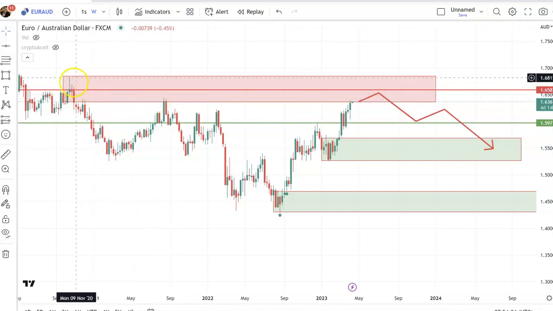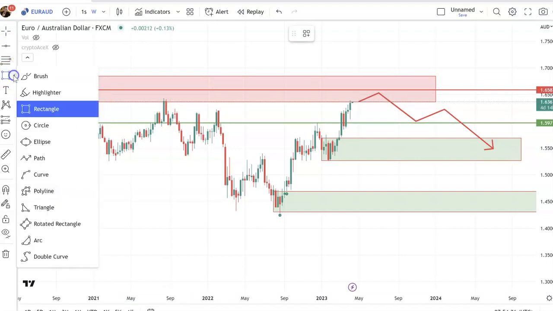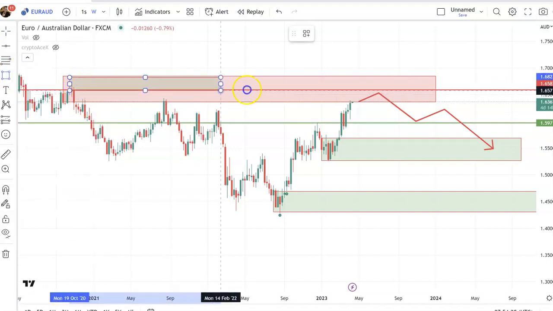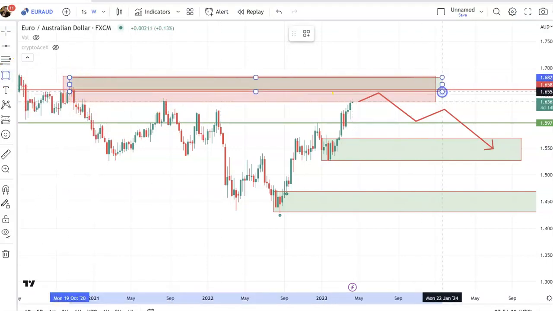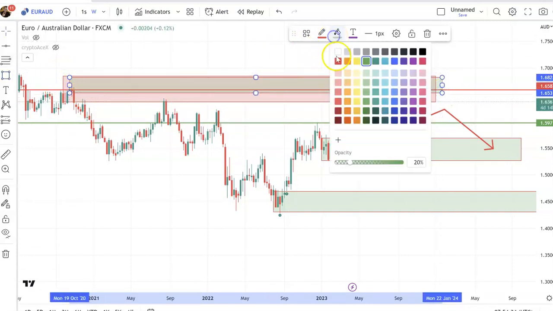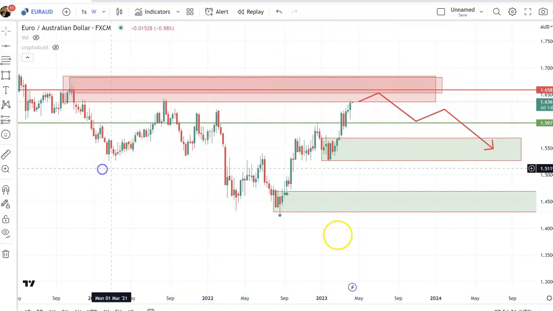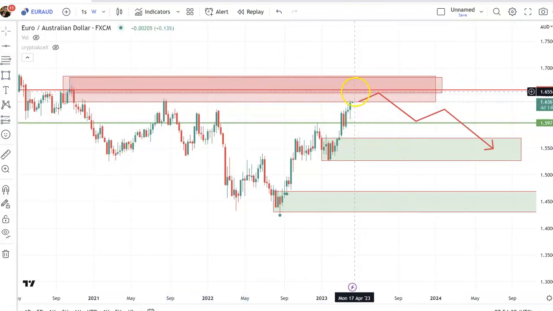We also have a nice weekly supply/sell zone. So there's a high probability the market will push up into this area, and then we'll get a sell-off. It could happen very quickly, and then a strong sell-off down towards this level here.